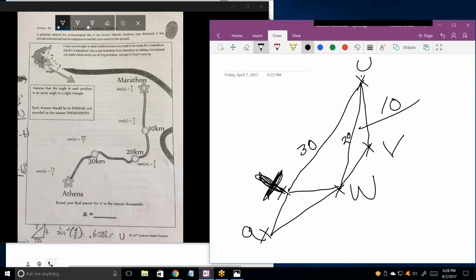Wow. I guess that allows us to solve for this, doesn't it? If we can assume that this is angle U.